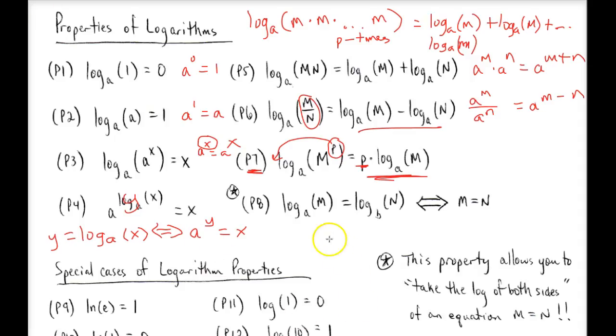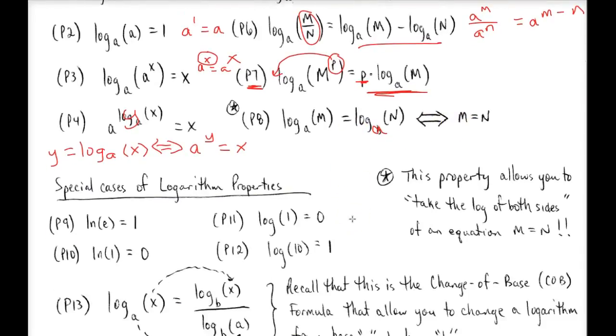If we go back to property 8, we're essentially saying the same thing. It's just that I wrote it with a different base, and this should be base A, not base B. So for those of you that actually have this printout, replace that B there for the base with an A, because the bases have to be the same in all of these in order to use these logarithmic properties. Okay.